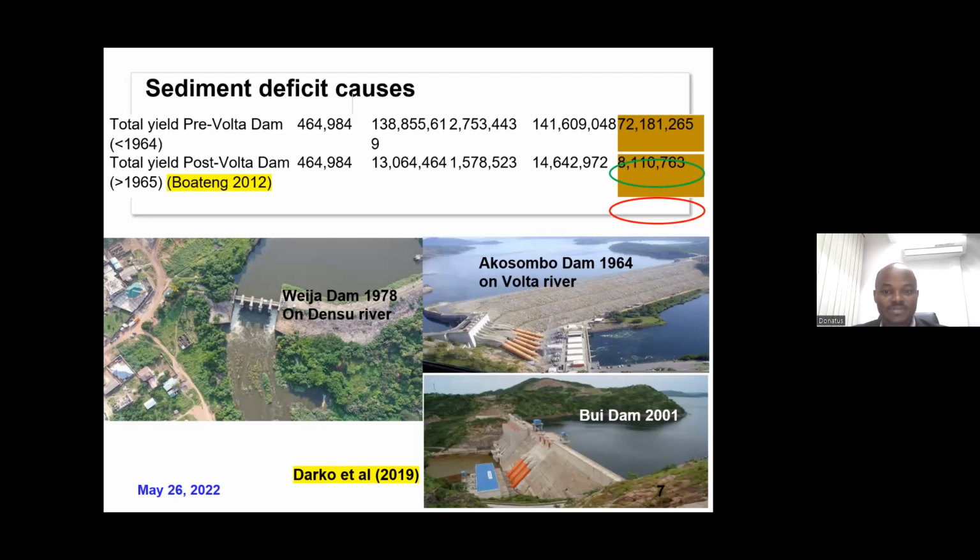This river used to supply sediment as large as 72 million cubic meters per year. But after the construction of the dam on top of the river, this has significantly reduced to 8 million. And you can imagine how it is affecting the beaches along the Volta Delta and even the neighboring countries.